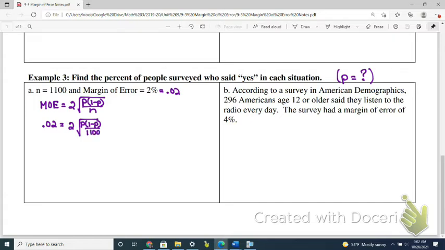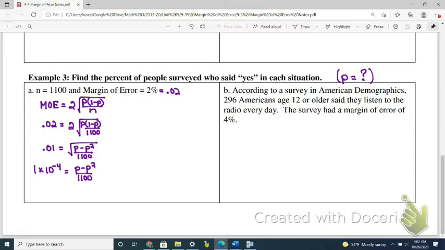We're going to start out solving it the exact same way we just did. So I'm going to divide by 2, so I get 0.01 equals, and I'm going to go ahead and distribute this on top, so it's p minus p squared all over 1100. We're going to square both sides, so that's 1 times 10 to the negative fourth equals p minus p squared all over 1100.